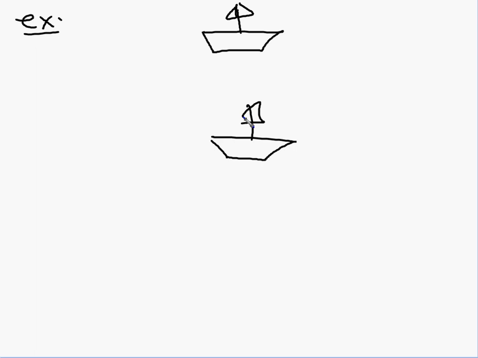Okay, and it tells me that this is ship A, this is ship B. All right? And ship A is 25 miles due south. This is 25. If ship A is sailing west, it's going this way, at a rate of 16 miles per hour. And ship B is sailing south.